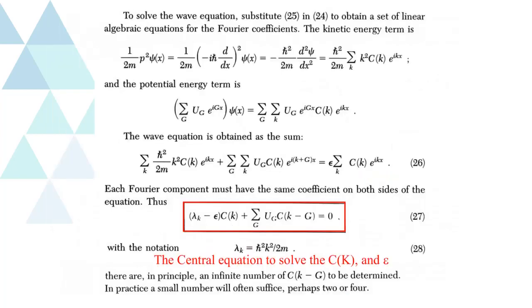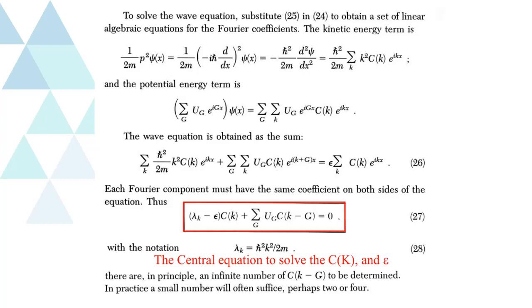To solve wave equation, substitute equation 25 in 24. The kinetic energy term p square by 2m into psi: on substituting for momentum operator followed by differentiating, we will get h bar square by 2m summation over k square ck exponential ikx.